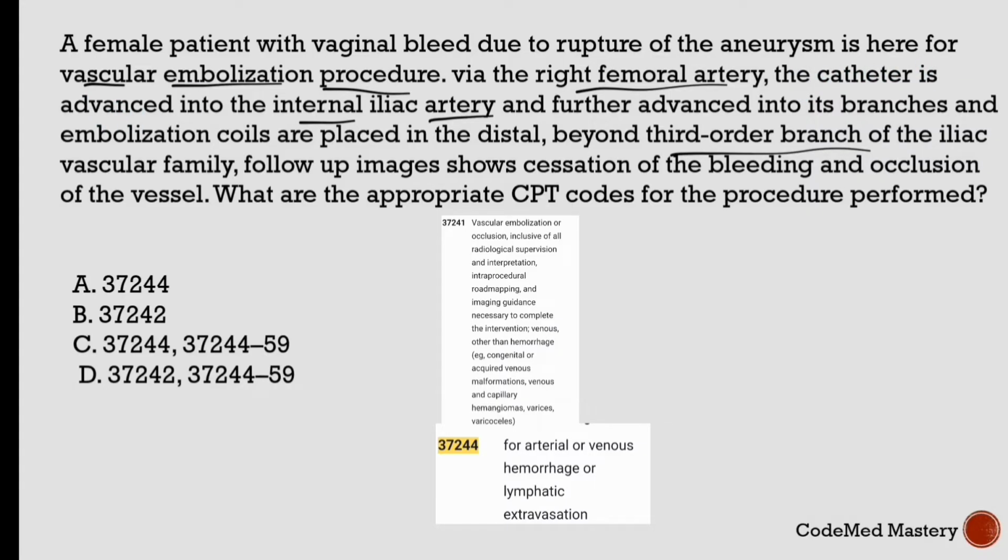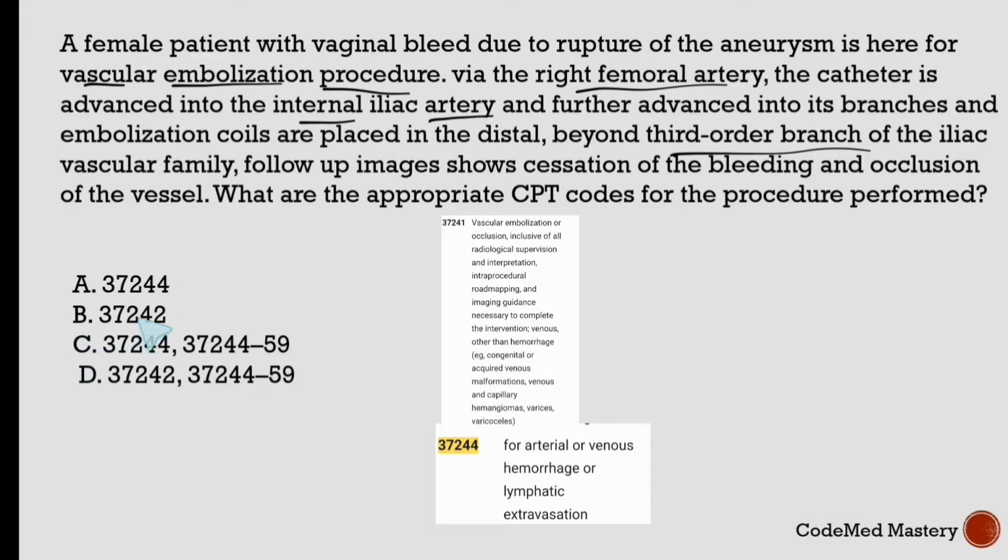So that is matching. Here there is bleeding, right? So it is a hemorrhage. So the code 37244 is for vascular embolization or occlusion, for arterial or venous hemorrhage or lymphatic extravasation. So that is matching with our code 37244. We'll keep this option for now.